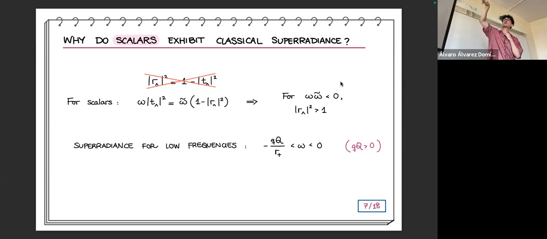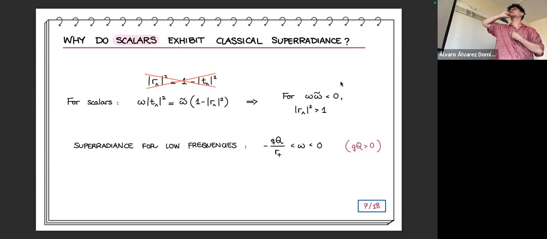And what it says basically is that if omega and omega tilde have negative opposite signs, then we could have reflected radiation, more emitted radiation than the incident radiation that we have. Okay, it's just because of the scalar field. The mathematics are a bit different, and we have another relationship.